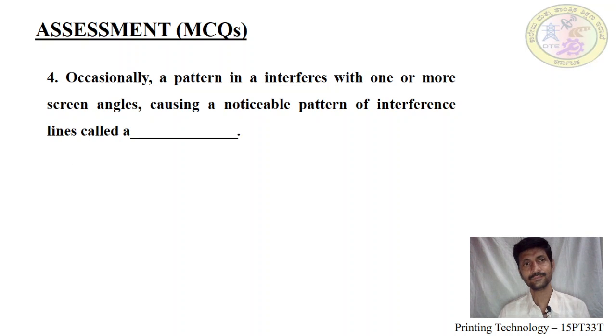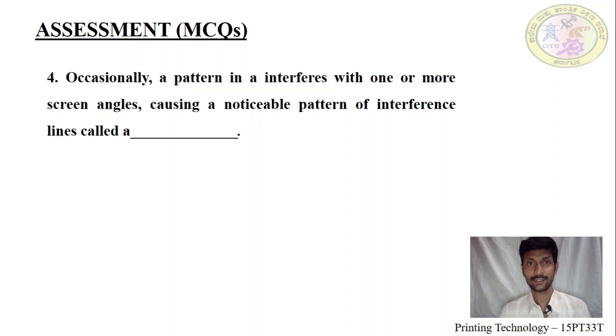Fourth one: occasionally a pattern interferes with one or more screen angles, causing a noticeable pattern of interference lines called dash. See, in a color separation, each color has its own screen angle. Cyan has a different angle, magenta has a different angle, yellow has a different angle, and black has a different angle.